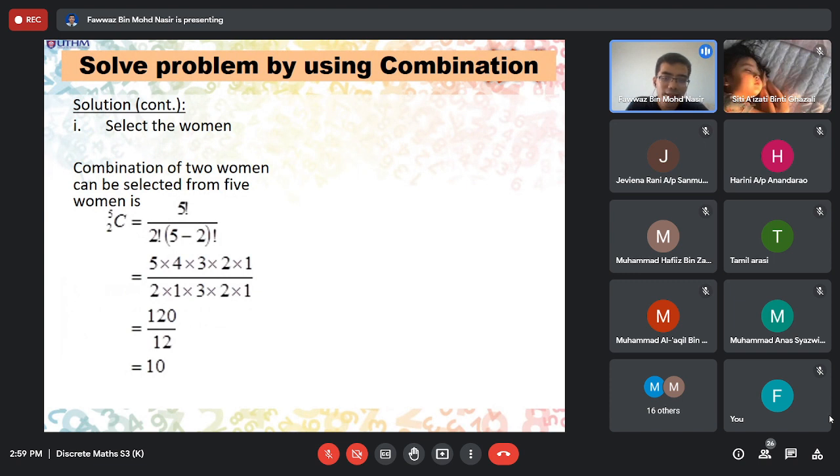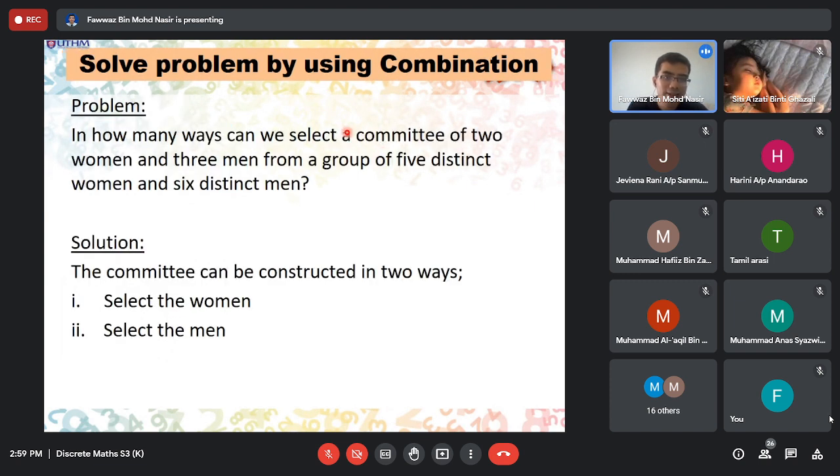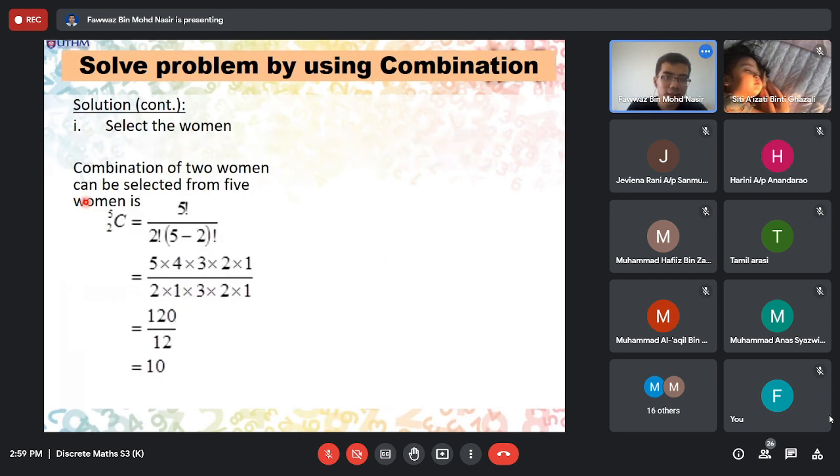Okay, so kita count dulu how many ways untuk select women. Okay, so tadi daripada women kita nak select 2 women kan, so R dia adalah 2, then altogether we have 5 women, so N dia adalah 5. So we just substitute those values into the combination formula.